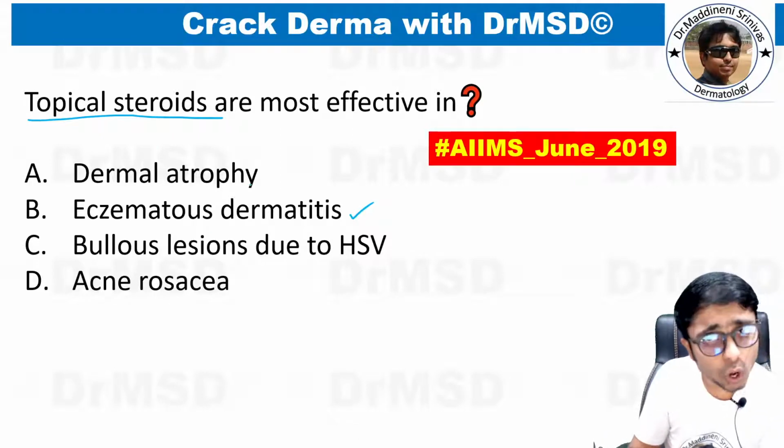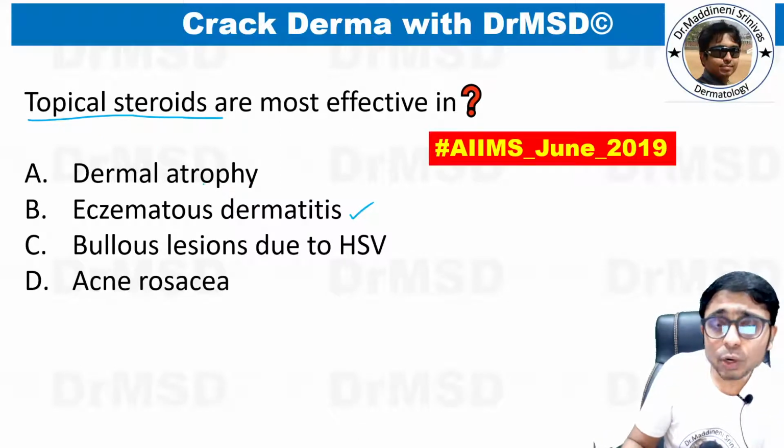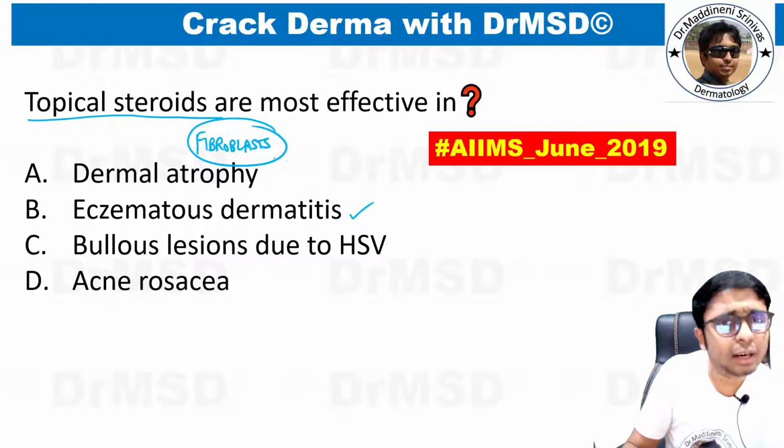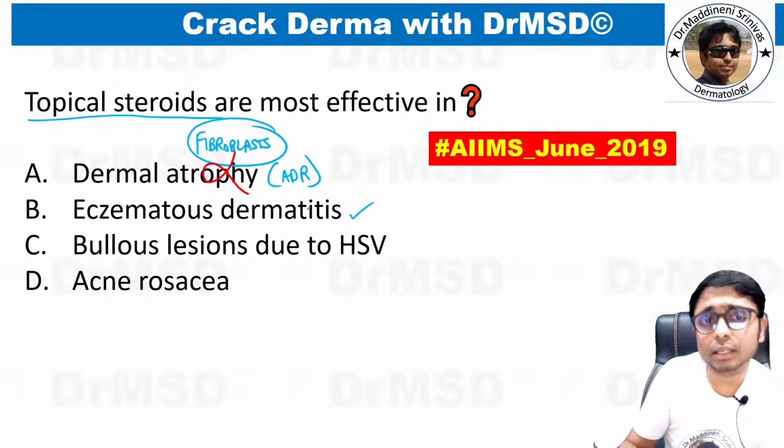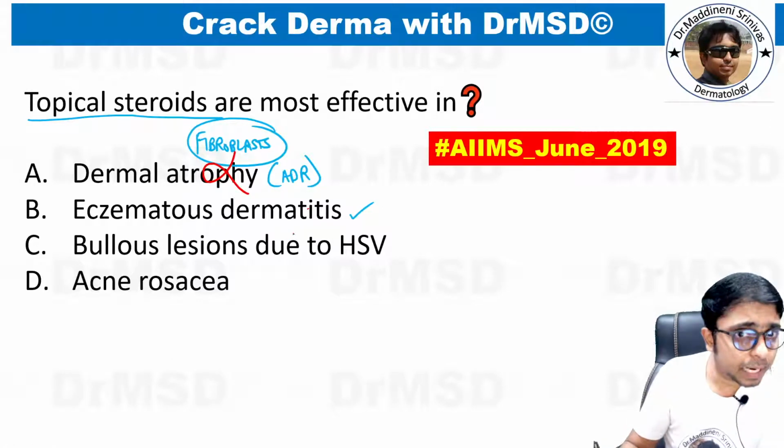If they are used long term over the skin, they inhibit the fibroblasts, thereby reducing collagen, because of which dermal atrophy can occur as an adverse drug reaction. So if it is an adverse reaction, we are not going to use steroids in dermal atrophy.